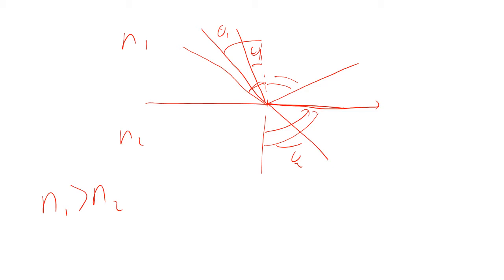And you've seen this effect now and then. For example, on a road on a hot summer day, you get a layer of warmer air, which is going to have a different index of refraction than the air above, and so light will come in here, and if the light is at too steep an angle, it's going to reflect right there.